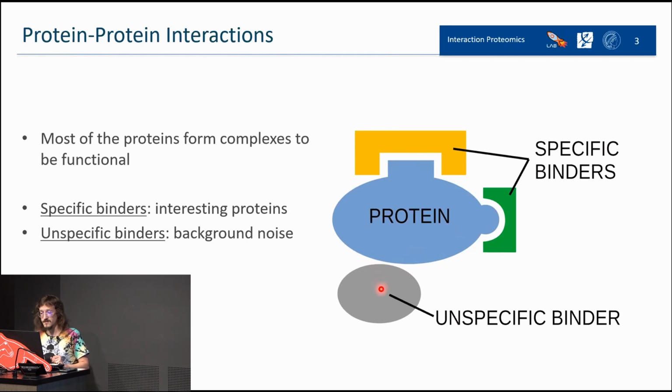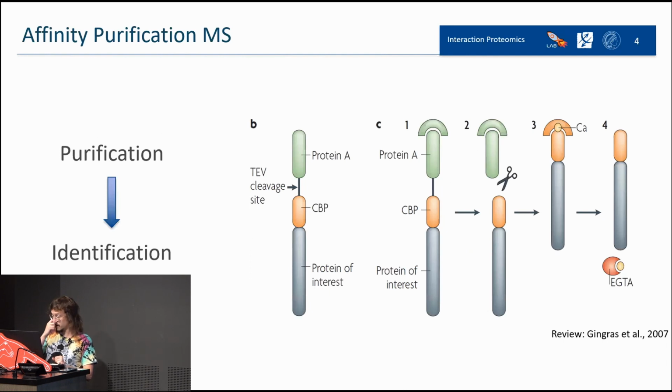But then we also have unspecific binders, other proteins that just attach to that one because of any kind of interaction that happened, just because they cluster together, or because of some issue, some error that happened during the sample preparation. We don't want to analyze them because they are not interesting for the complex. These are called unspecific binders. So the idea when you do protein-protein interactions is to get rid as much as you can of these unspecific binders.